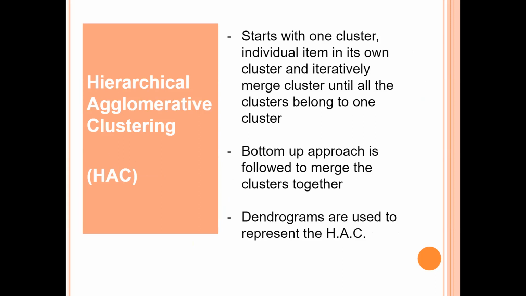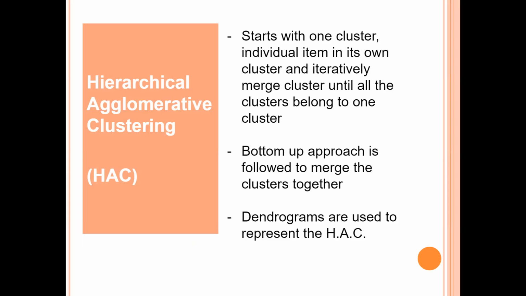So what actually happens with the agglomerative clustering technique, and how are we using it? Here also we are having individual clusters, like individual data points. Now, based on some similarities, we are assigning them to the clusters. So this HAC, that is hierarchical agglomerative clustering, follows the bottom-up approach. The bottom-up approach is followed to merge the clusters together.